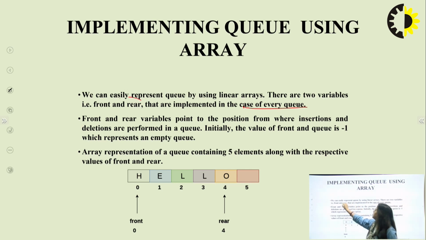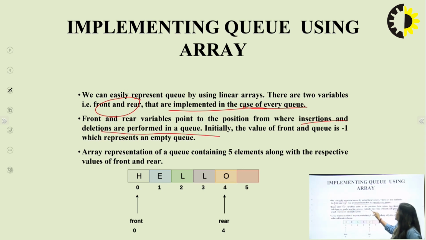Front and rear are the positions from where insertion and deletion are performed in a queue. Initially, the values of front and rear represent an empty queue.